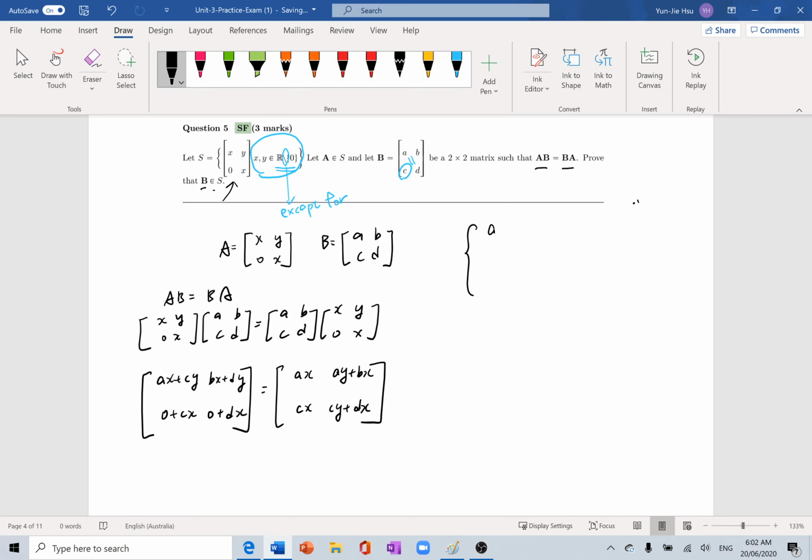We get ax plus cy equal to ax. bx plus dy equal to ay plus bx. Another one is cx equal to cx, no problem. Another one is dx equal to cy plus dx.